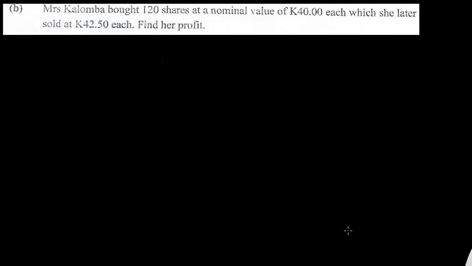She bought something at 40 and now she sold it at 42 kwacha 15 ngwe, and she transacted 120 of those shares. So meaning for each share that she had bought, she had made a profit of 2.50 kwacha. This is for each share.